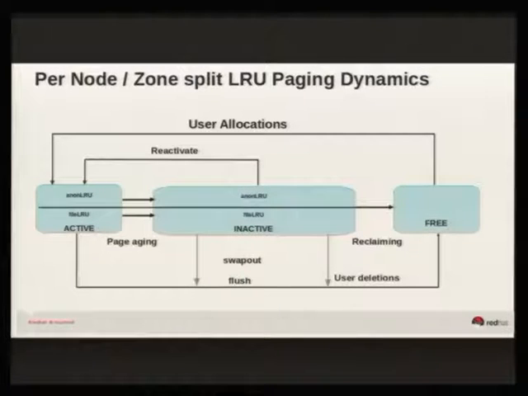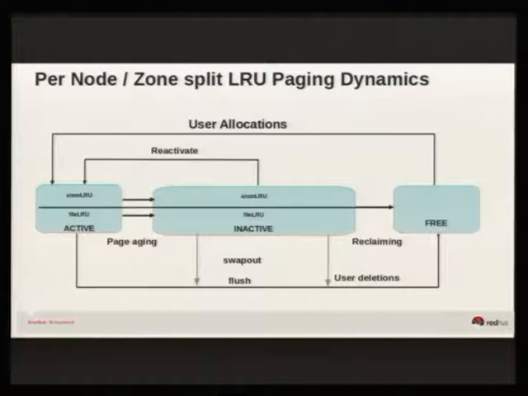There is also, the paging dynamics also are NUMA aware and work on a NUMA node basis. So basically, this algorithm right here that allocates memory from the free list and doles it out either to the page cache or for anonymous memory, and does paging and swapping and dirty write back and so forth, happens on each node.